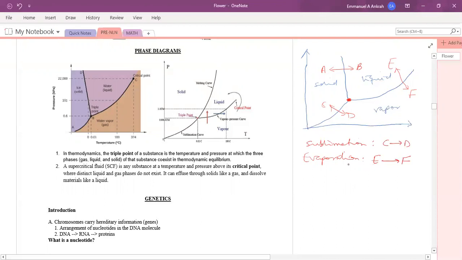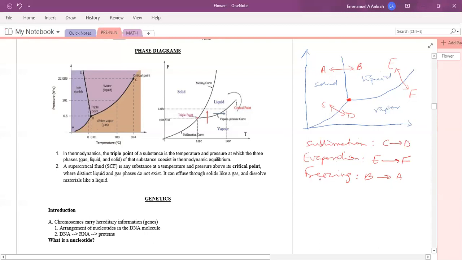Which one represents, let's say, freezing? Freezing, we know we are moving from liquid to solid, right? So freezing will be liquid, which is B, to solid, going to A. So B to A, and so on. So that's how you can use this graph to answer questions like this.